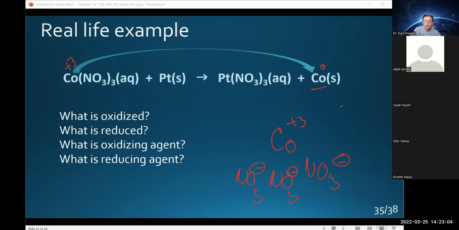Now, platinum starts off in a 0 state. And when it becomes platinum 3 nitrate, as in the case of cobalt, the nitrates each are a -1.